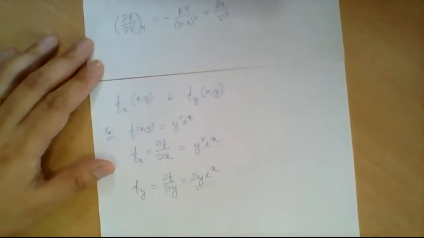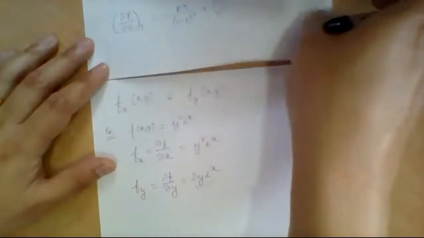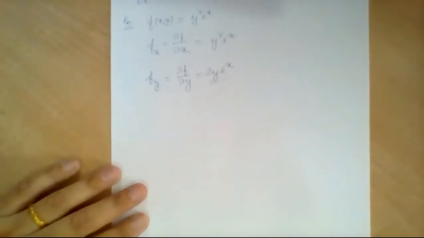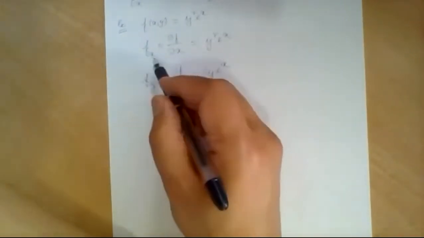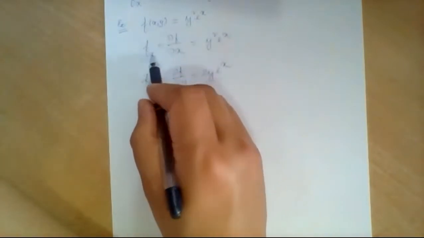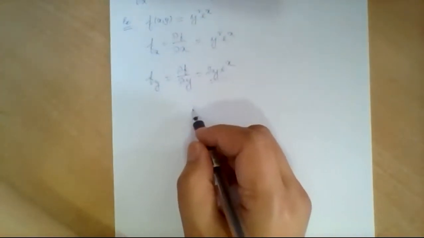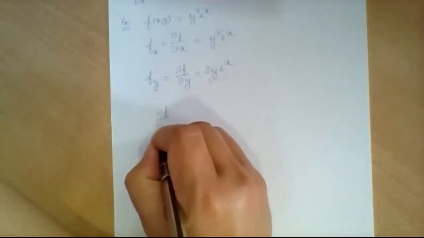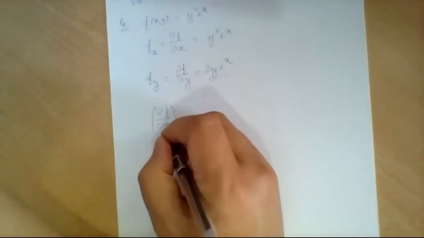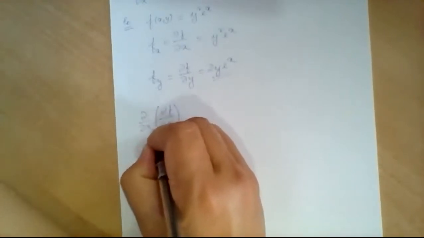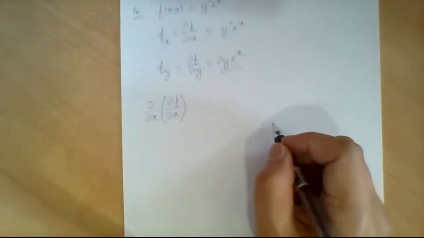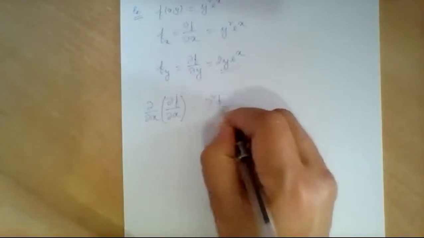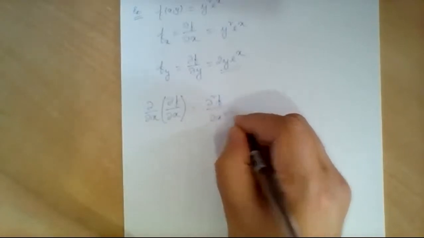So we can differentiate them again. The partial derivative of f with respect to x, I can differentiate this again with respect to x, and we get del 2f by del x square.